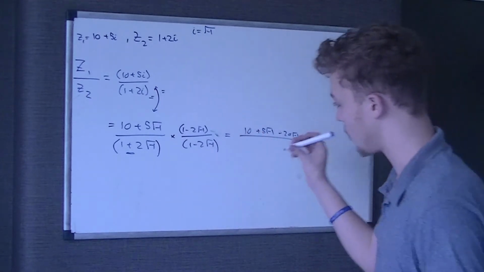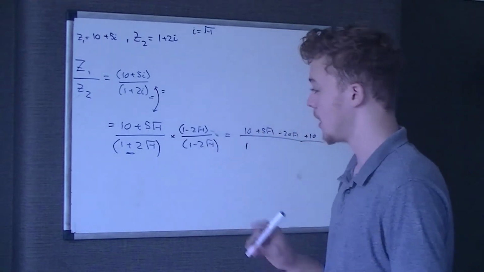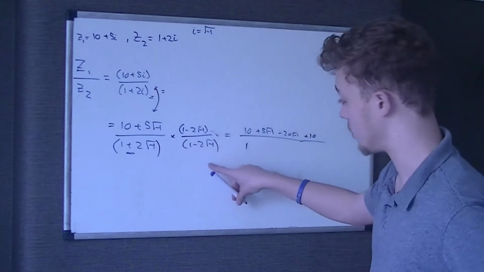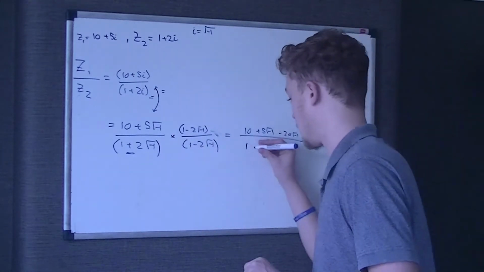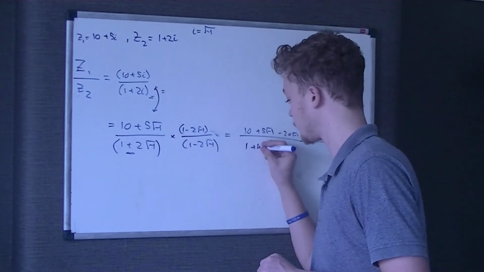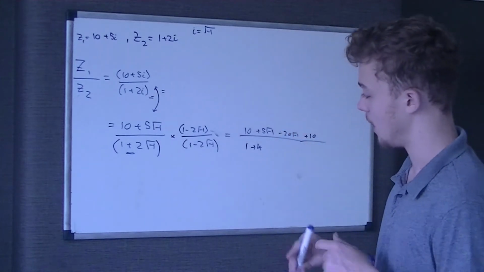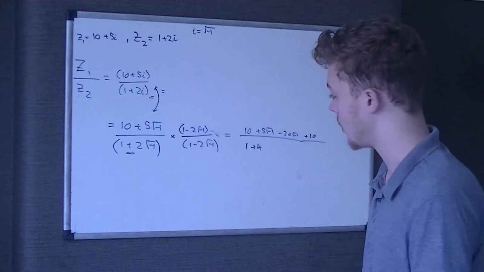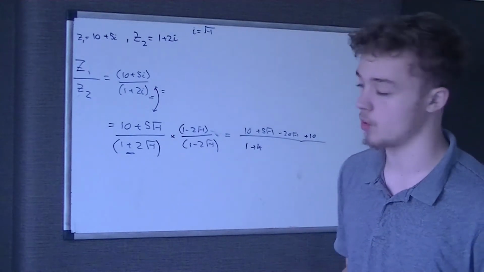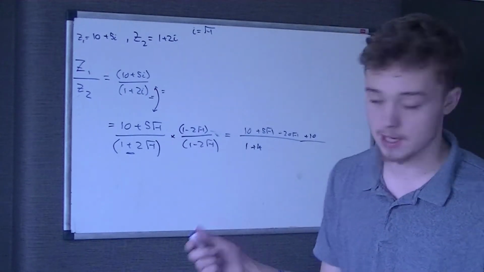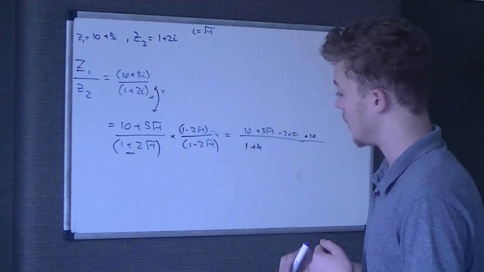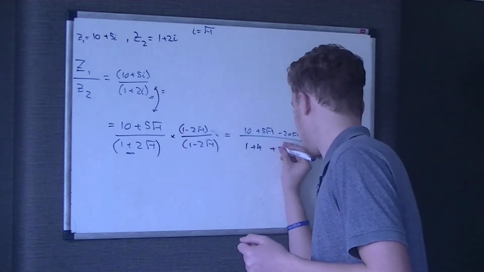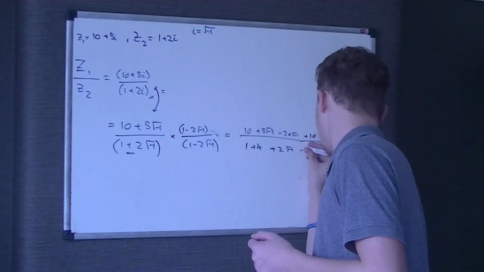But on the bottom what we've got here is 1 times 1, which is 1, and the 2 root minus 1 and the 2 root minus 1 times together to get plus 4. Because obviously the 2 times negative 2 is negative 4, and the root minus 1 times root minus 1 is minus 1, so minus 1 times minus 4 is plus 4, and then we have plus 2 root minus 1 take 2 root minus 1.